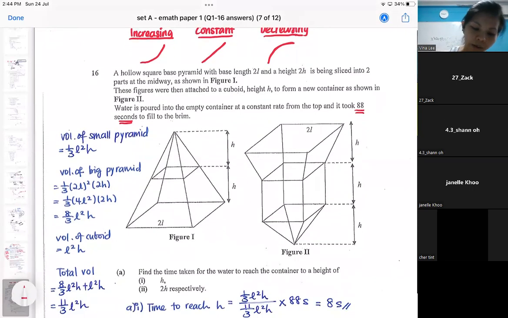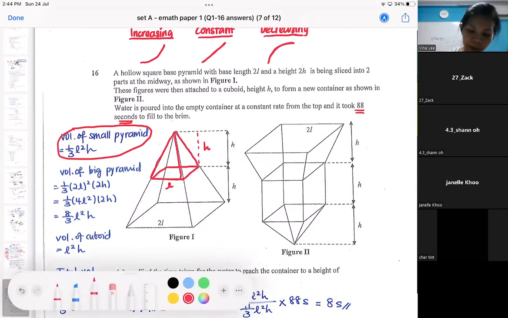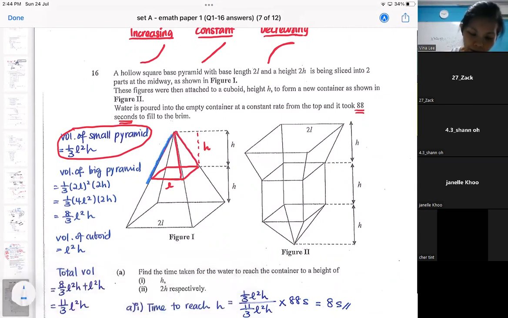So what I did was I found out the small pyramid first. So this is a small pyramid. So this is L, and then this is H. I also found out the big pyramid, everything here.